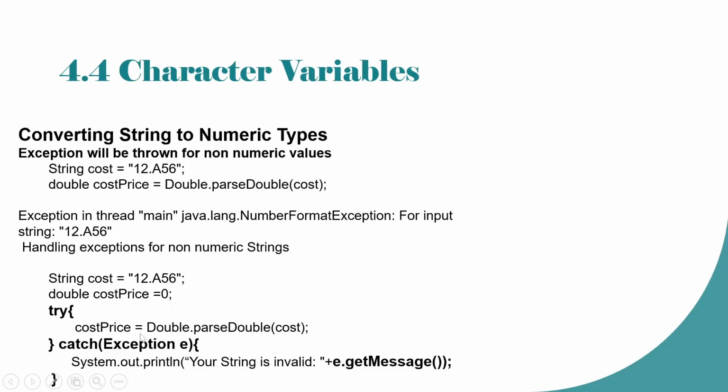If this value is valid, the happy case, it will convert it. If the value is invalid, it's going to get an exception, but it's not going to crash my code because I catch the exception here. And because I catch the exception, I'm able to print a message to the user. I can say, your string is invalid, and then call getMessage. So here I'm able to display that.